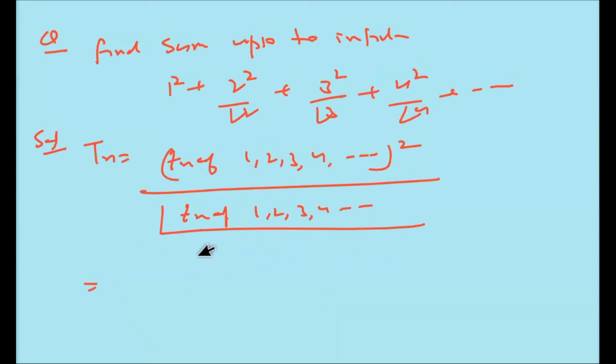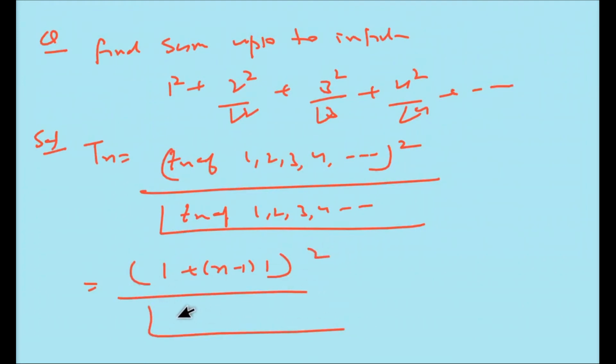So what is the nth term? That is a plus n minus 1 d, and here also we can write a plus n minus 1 d. In AP you know the Tn term, 1 plus a plus n minus 1 d. Okay, if you don't know, you have to learn the chapter AP, arithmetic progression. So what we get here, 1 is cancelled, n square, that is n square upon factorial n.